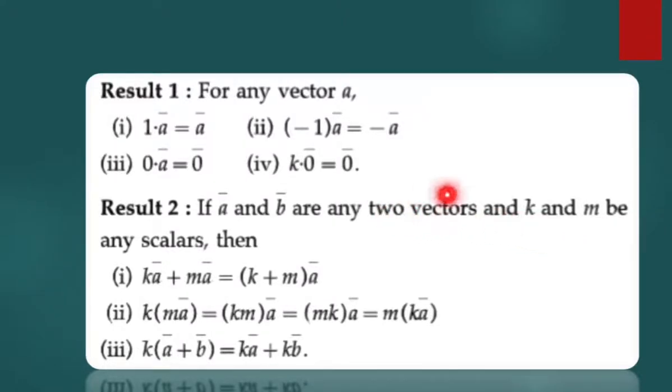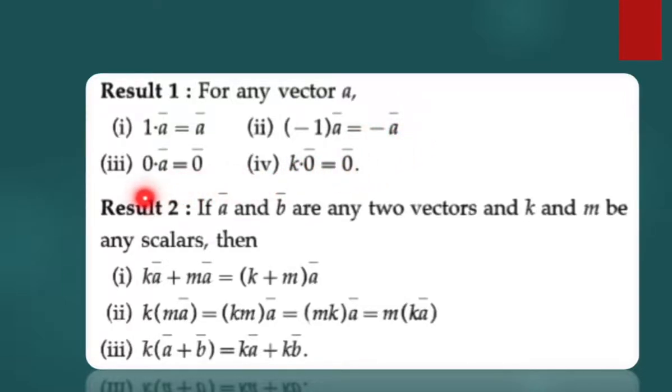Now see some results that we use for solving problems. Result first, for any vector a bar, 1 into a bar equals a bar. That means when we multiply a unit scalar to a given vector, we get that vector. When we multiply by minus 1, we get the negative vector of that vector.